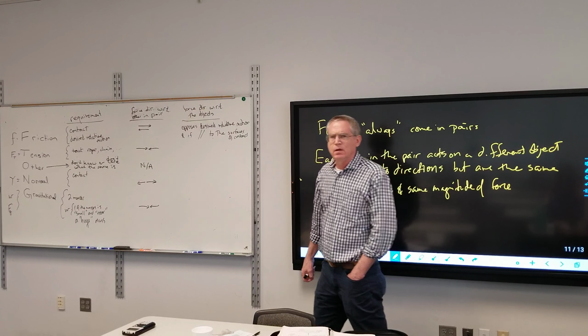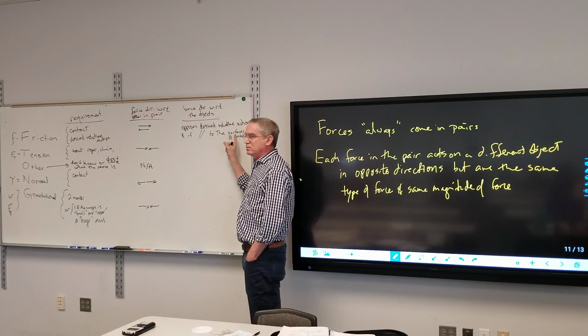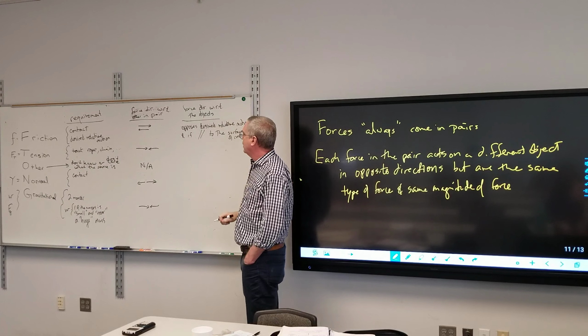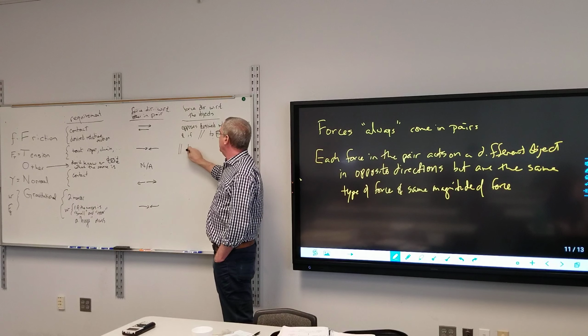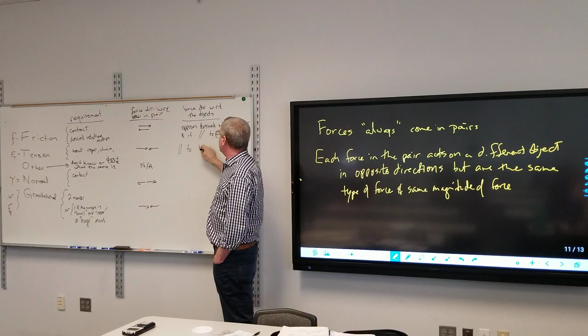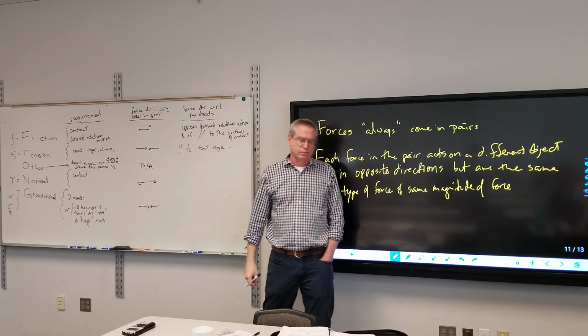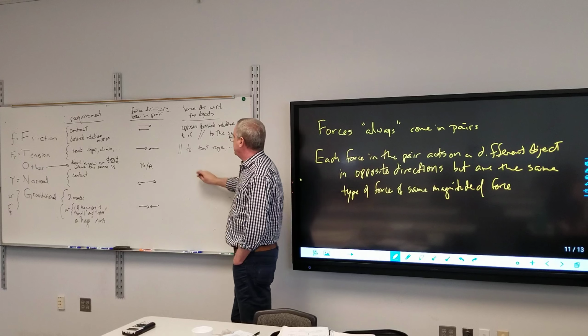Does that say opposes desired relative motion and parallel to the surface? Surfaces of contact, yes. Okay. Thank you. Tension: parallel to the taut rope, chain, whatever. Other is problem dependent.